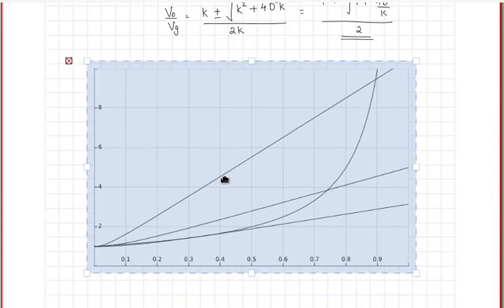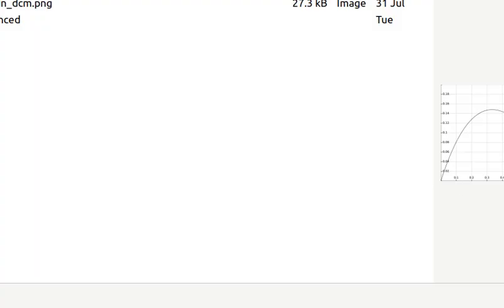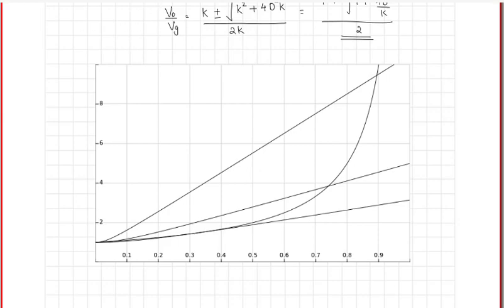So this is how the variation looks like. So on this axis, I have taken V naught by Vg, and here you have the duty ratio.